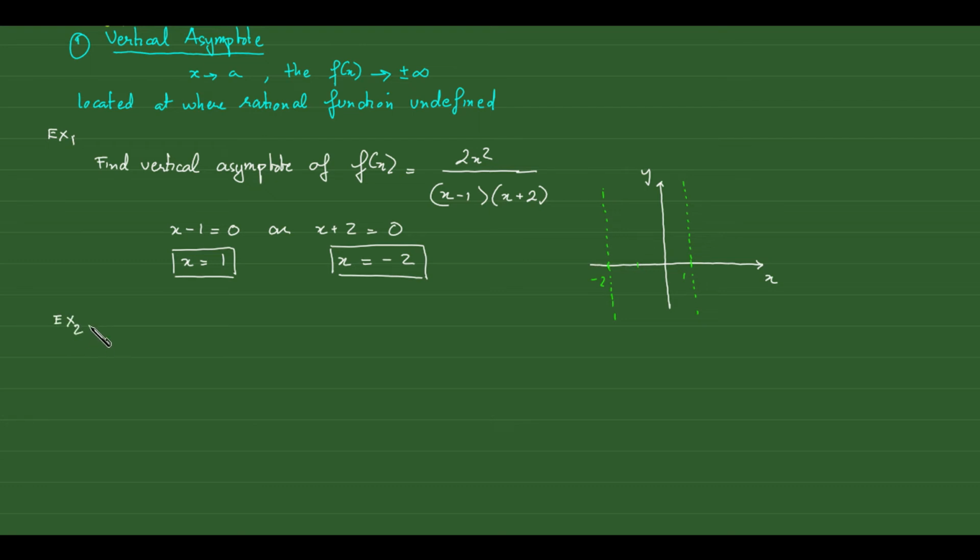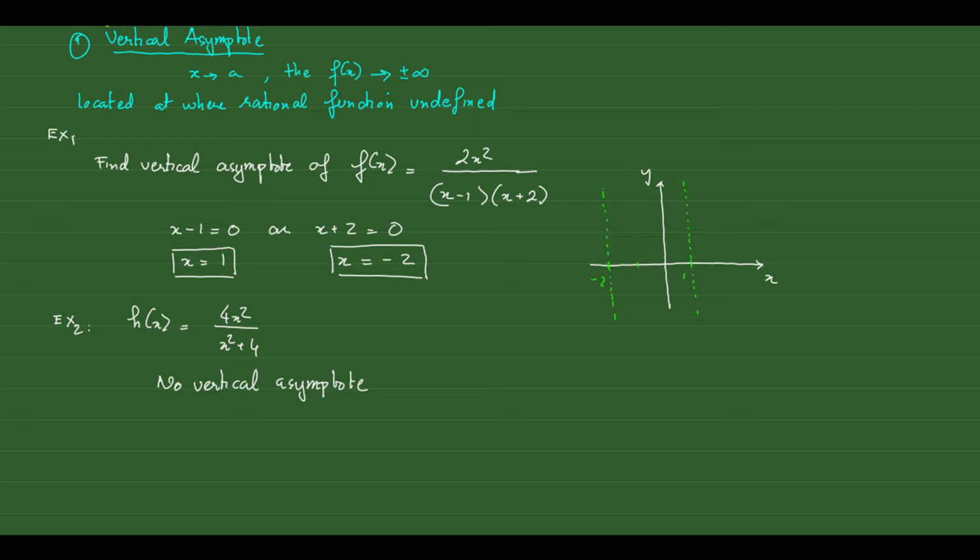And of course, if the function is defined everywhere, for example in this case, defined everywhere because the domain is negative infinity to positive infinity, then we don't have any vertical asymptote.